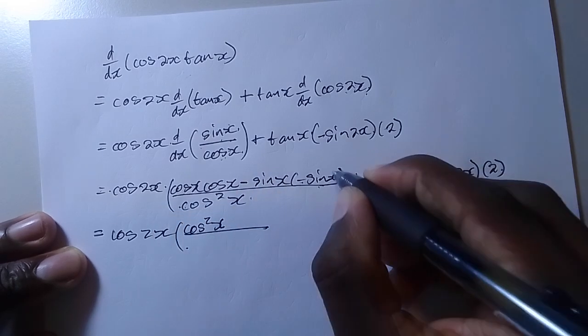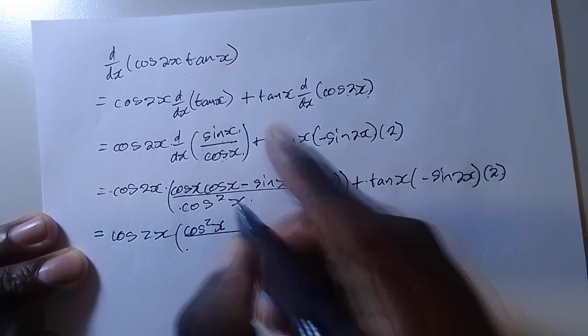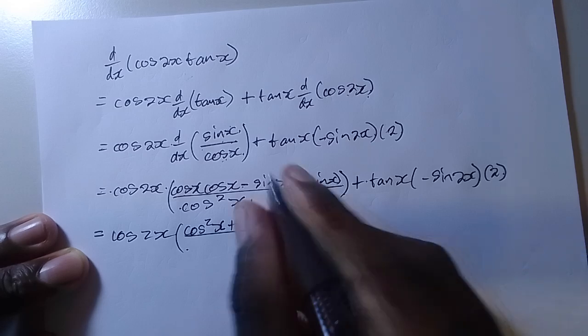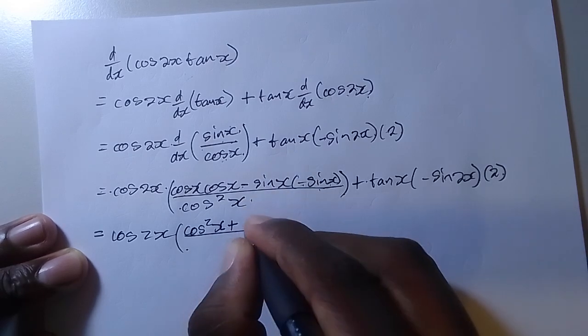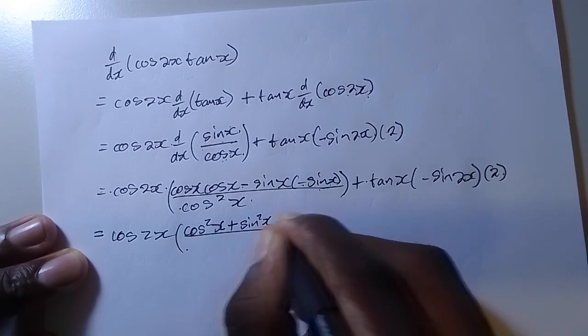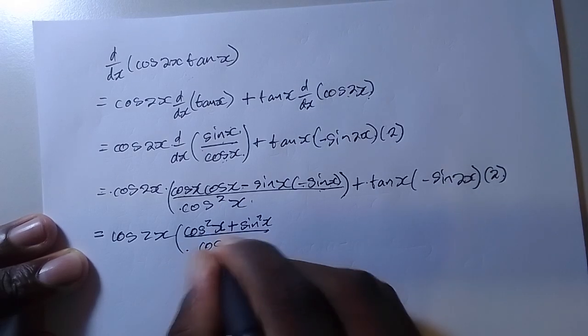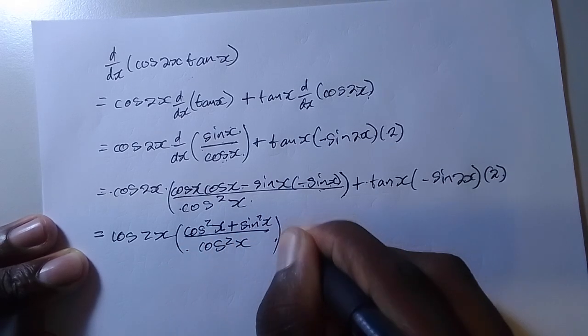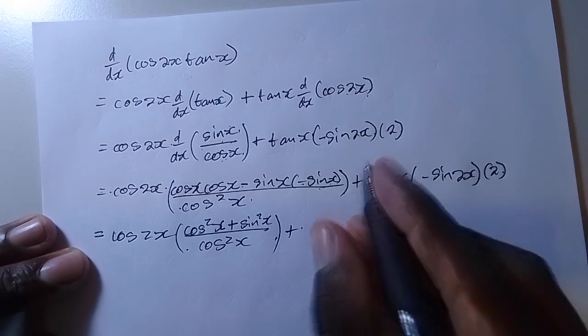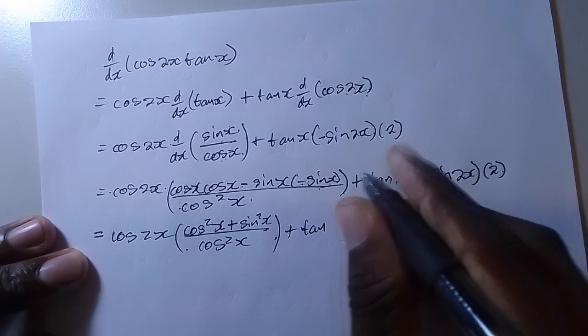This is a negative times a negative, which gives us a positive. And this is sine times sine, which is sine²x. This is 1. Plus, shoot, I forgot to put a negative again. Fine.